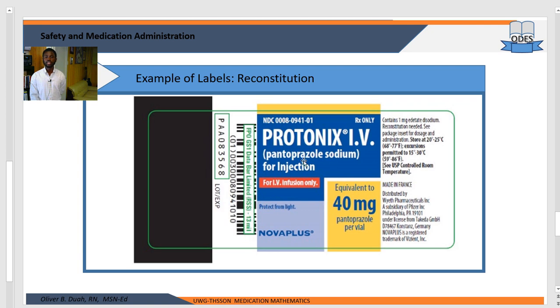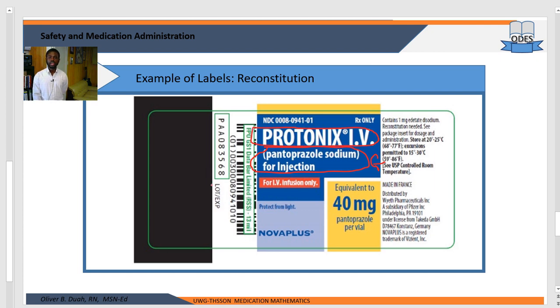Pantoprazole sodium is going to be the generic name. So this is the generic name, and this is the trade or the brand name.